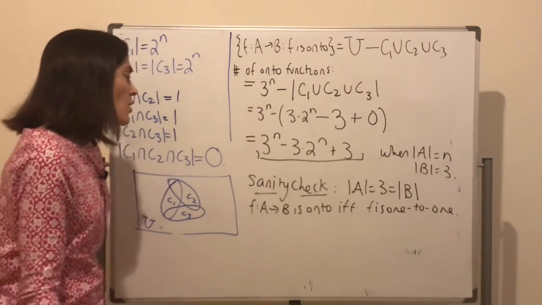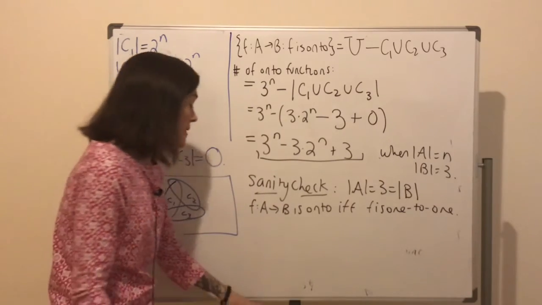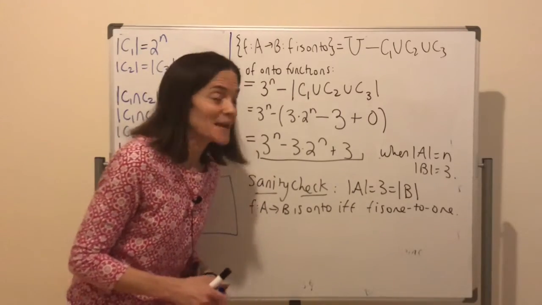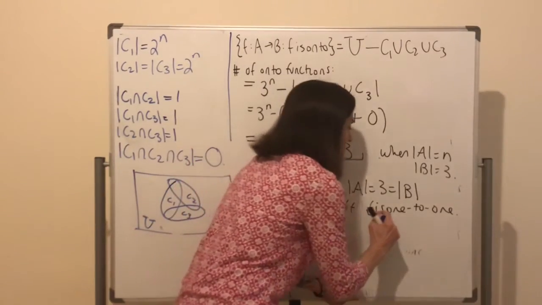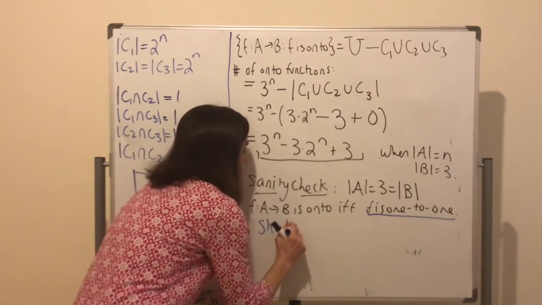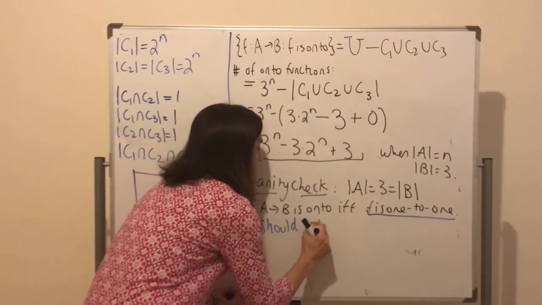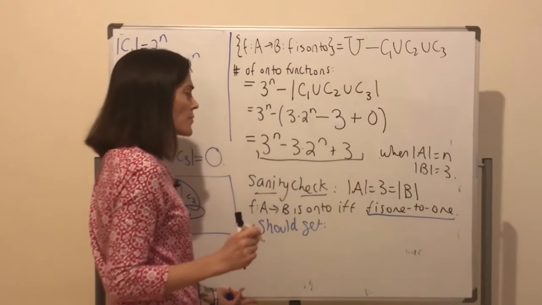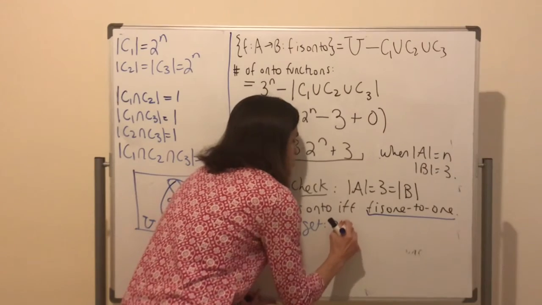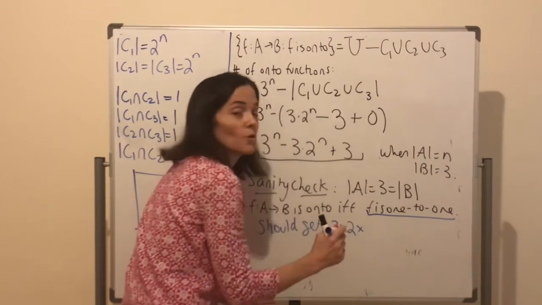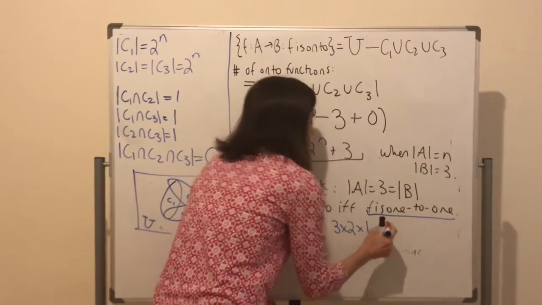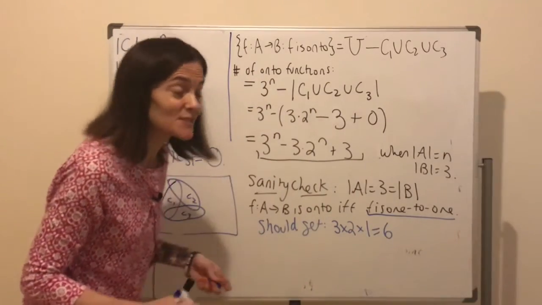Okay, so we know that this formula is just going to be the same as the number of 1 to 1 functions. You have 3 choices for f of a1, 2 choices for f of a2, 1 choice for f of a3. This is 6. So we should get 6 from this formula.